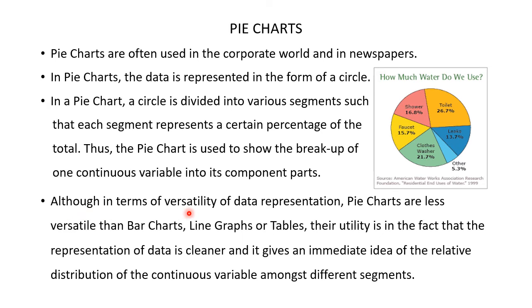Now, although in terms of versatility of data representation, pie charts are less versatile than bar charts, line graphs, or tables, their utility is in the fact that the representation of the data is cleaner and it gives an immediate idea of the relative distribution of the variable amongst different segments.